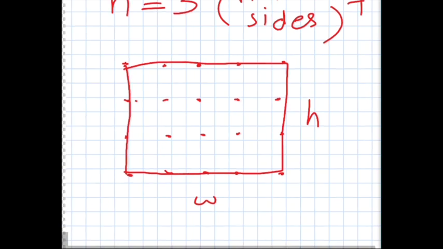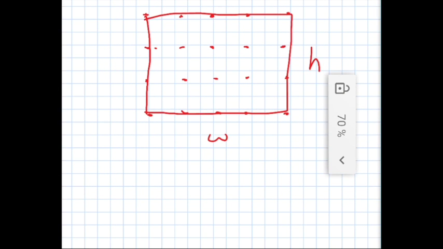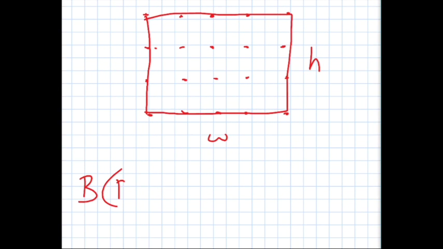So my question is, what is B of P? How many points are there in my width, in the bottom part? I have W plus 1. And similarly, on the top side, I have W plus 1. Correct?